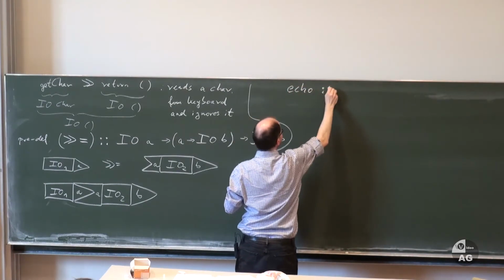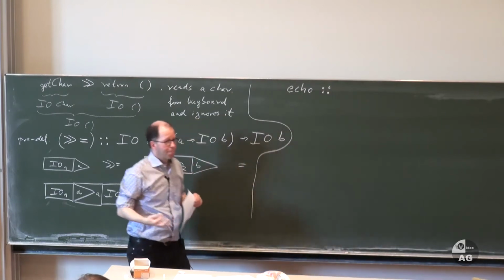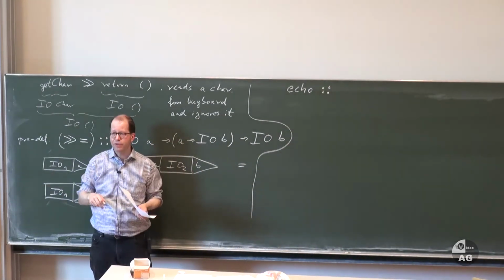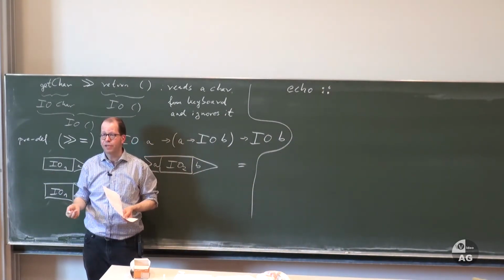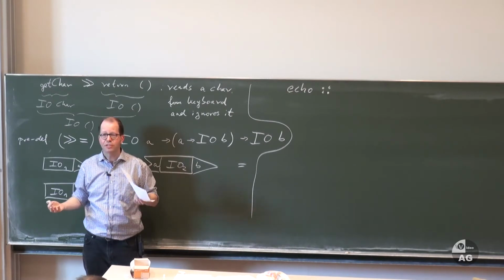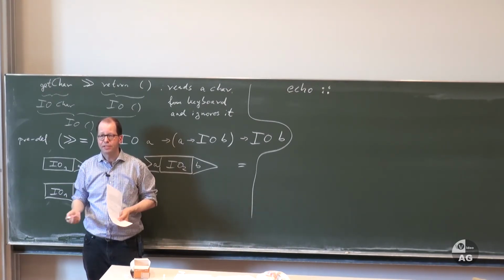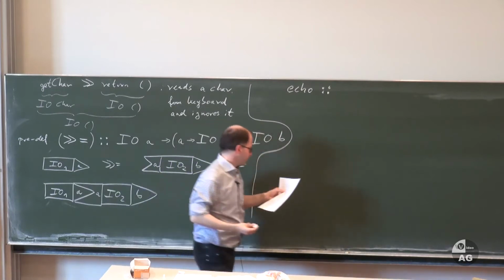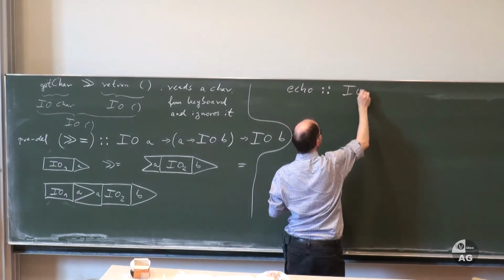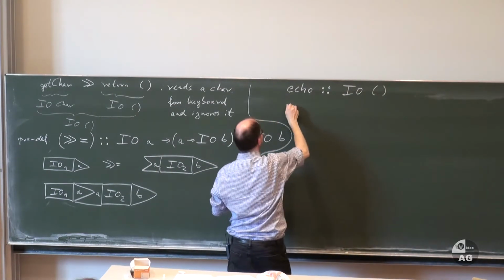So in the end, echo reads a character from the keyboard and prints it on the screen. So in the end, this is an action where nothing is encapsulated anymore. So it looks like an output operation. And how is this defined?